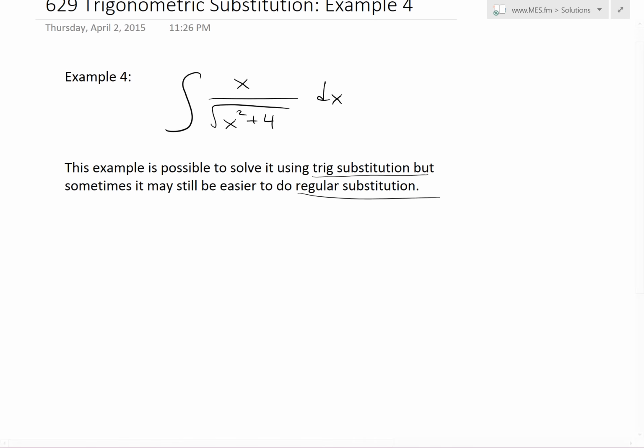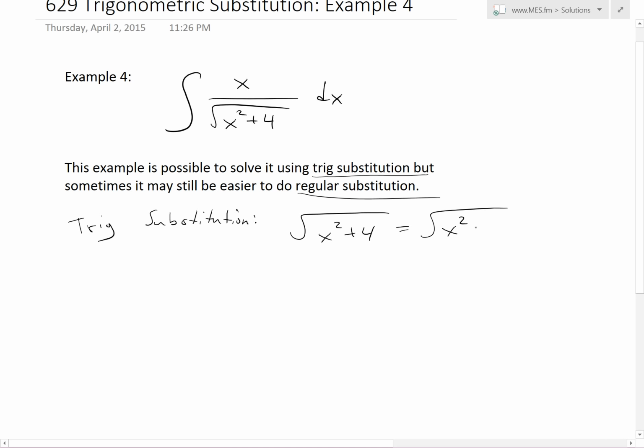But first, I'll do the long way and show you that sometimes trig substitution is harder and you don't actually need to do it. So if we look at trig substitution first, since we have x squared plus 4, you could write it as x squared plus 2 squared.